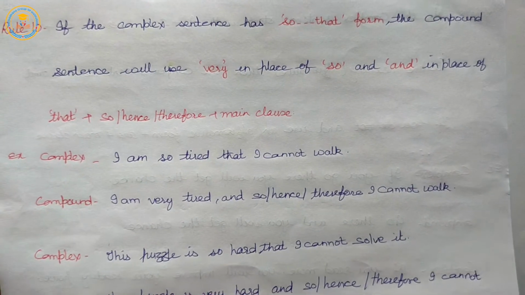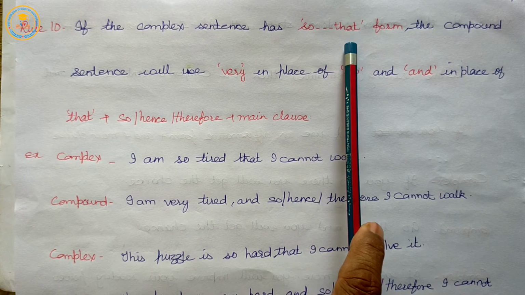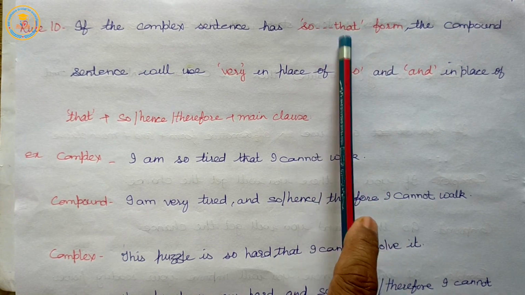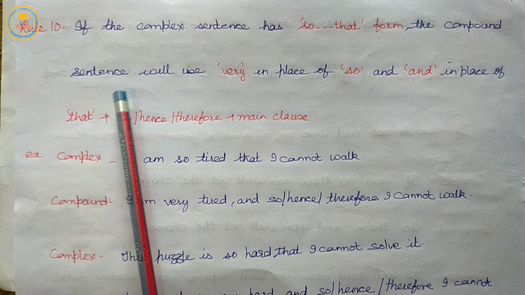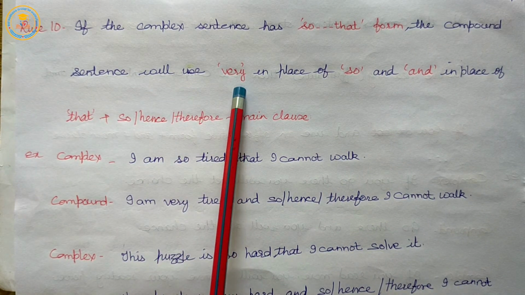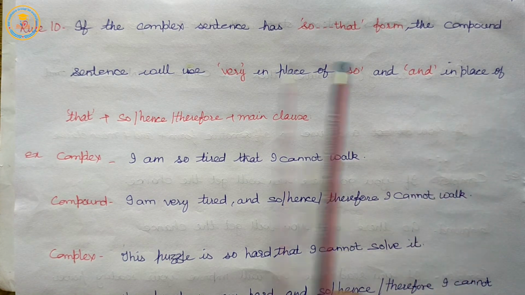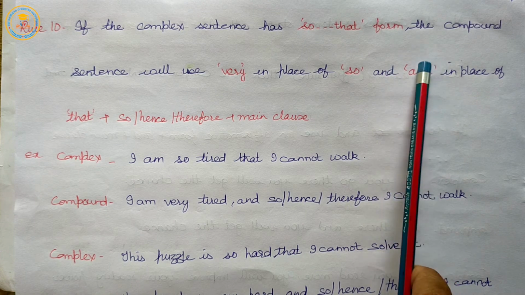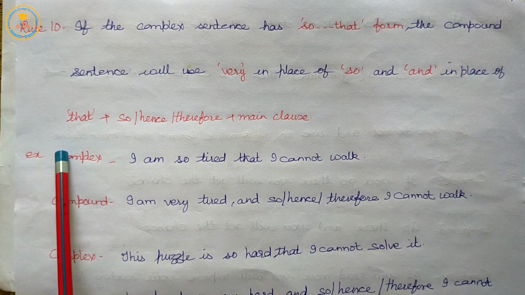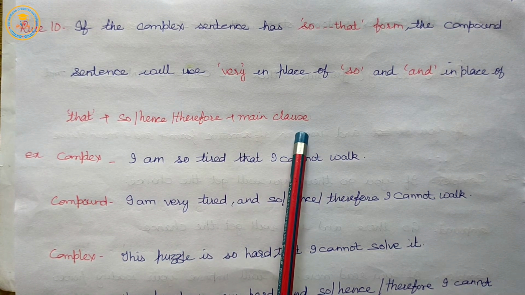In the tenth rule, if the complex sentence has so that form, the compound sentence will use very in place of so, and will be in place of that, plus so or hence, therefore plus main clause.